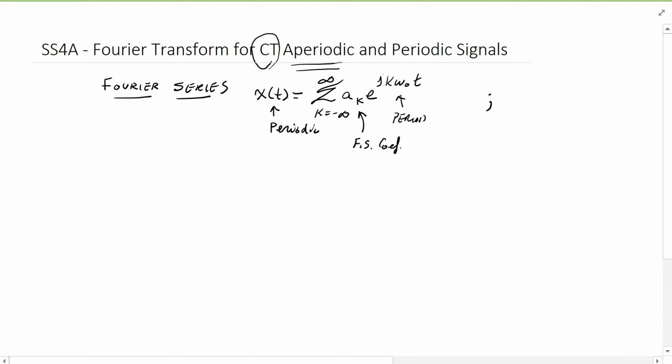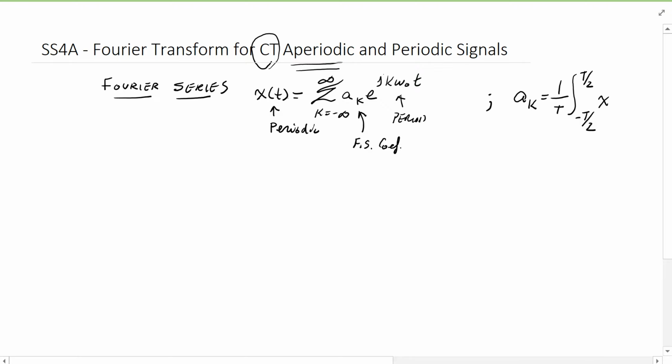But then how do I find a of k? If I've got x of t, we had a corresponding equation, which was 1 over T, and we typically write the integral from half a period back to half a period forward, so a full period.